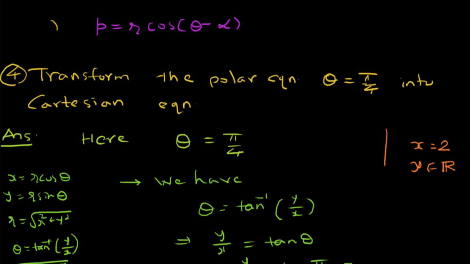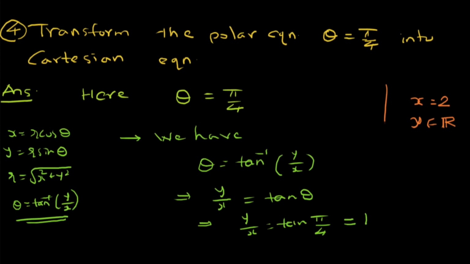What is tan pi by 4? It is 1. So this gives you x is equal to y, or y equal to x. This does not contain any r and theta, and it is the Cartesian form of this polar equation. So it is our required answer.